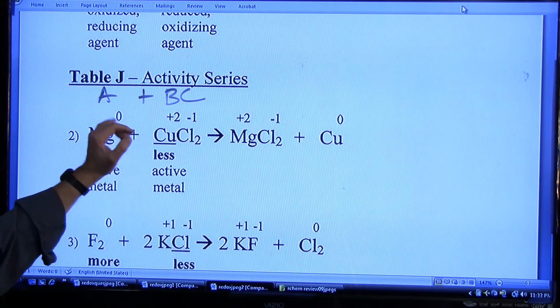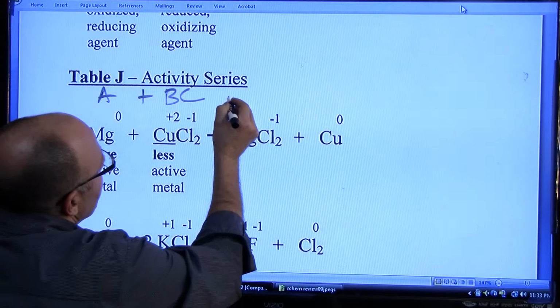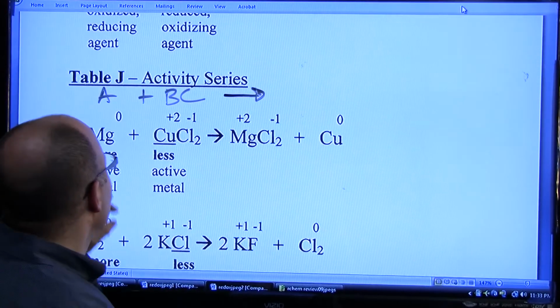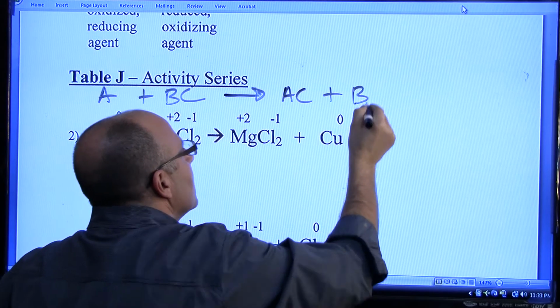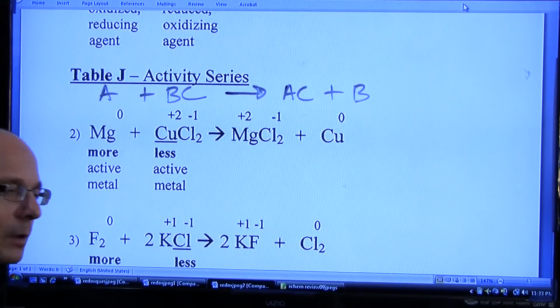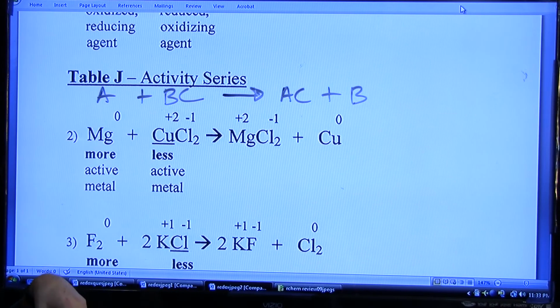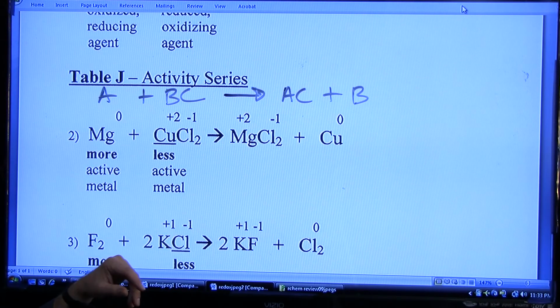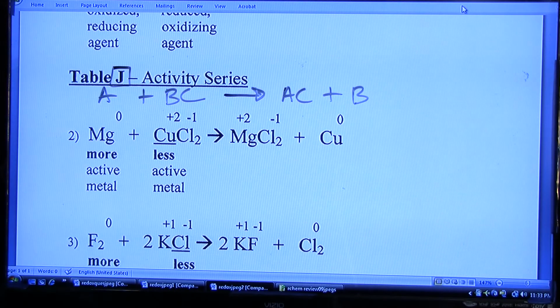In fact, if it's a nonmetal, we'd be replacing the second part of C. And then you get AC plus B. So we're talking about single replacement reactions, and to know whether one metal is more active than another, or one nonmetal more than another, you'd have to refer to Table J, the activity series.